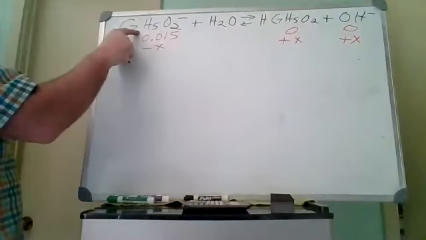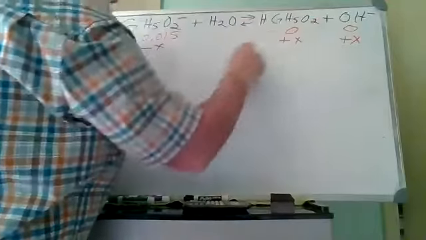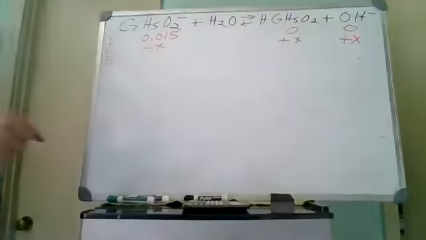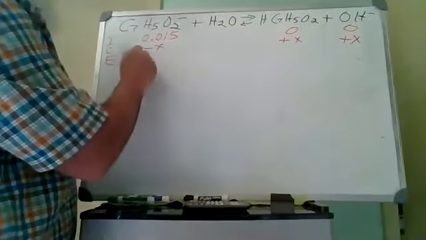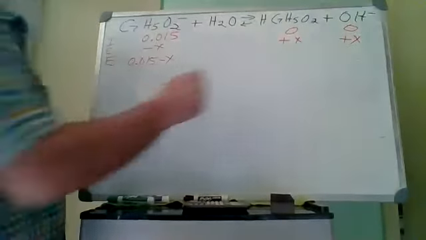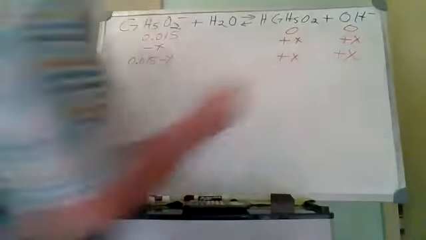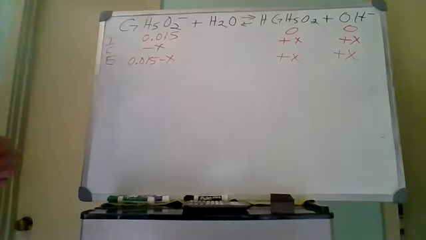So every time this gets hydrolyzed, I produce 1 benzoic acid and 1 hydroxide. That's why these X's are all 1s. And at equilibrium, I'm going to have 0.015 minus X, plus X, plus X. All right, so there's my ICE table.